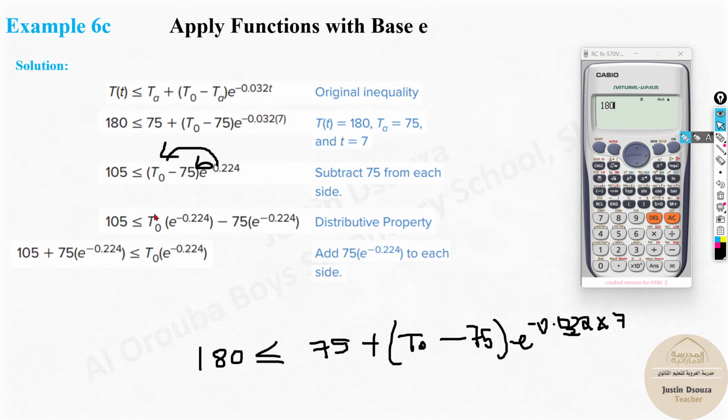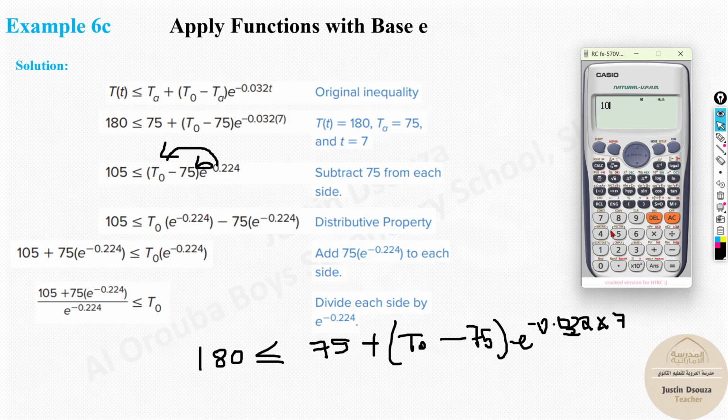Next, you need to see this one is unknown. Leave it over here. This one can be easily moved to the other side. So 105, my minus becomes plus on the other side: plus 75 e to the power minus 0.224. In the calculator, you will get the answer. Then just take whatever is multiplied to T naught to the denominator on the right side.